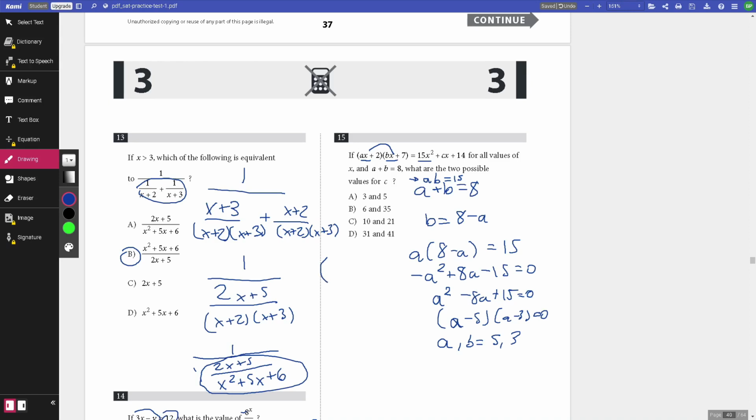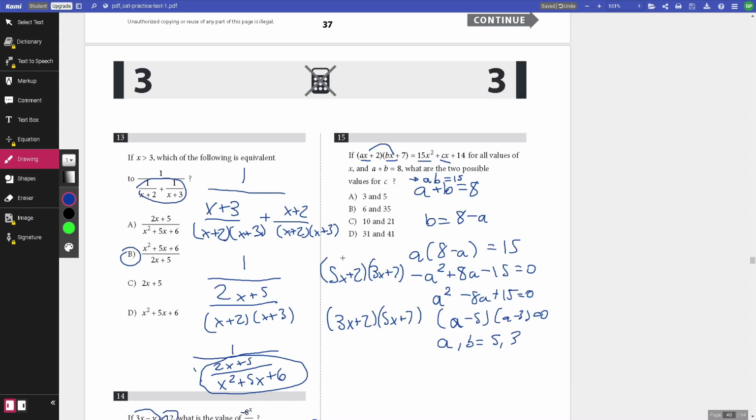So the one possibility is having a equal to 5 and b equal to 3. And the other possible way is having it the opposite direction. So to get the c term here, we're basically multiplying a constant by the x term.